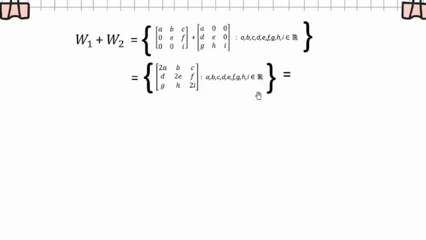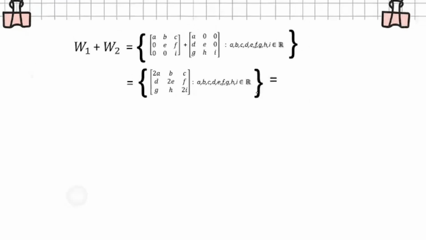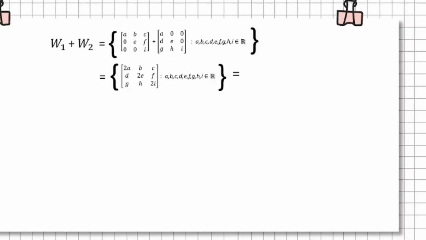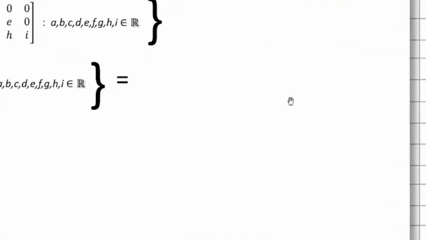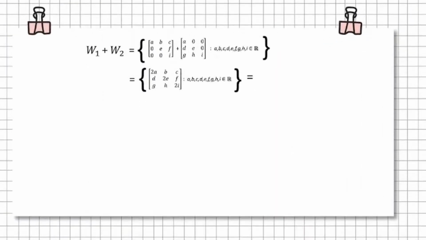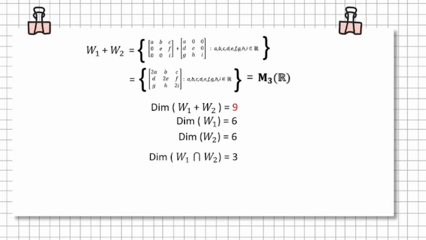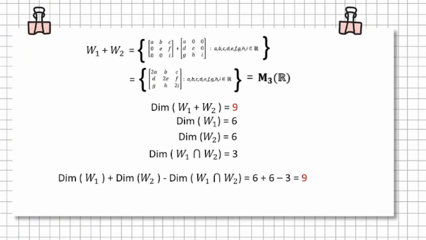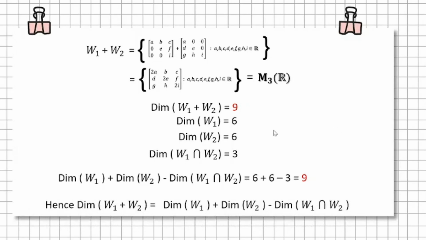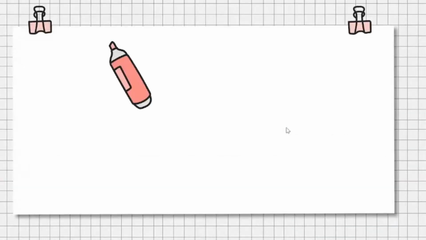The set of all 3 by 3 matrices over R, that is nothing but M3 of R. Now, dimension of W1 plus W2 equals 9, dimension of W1 equals 6, dimension of W2 equals 6, dimension of W1 intersection W2 equals 3, and dimension of W1 plus dimension of W2 minus dimension of W1 intersection W2 equals 9. Here also the two are the same. Is it true for every two subspaces of a vector space? Let's prove it.